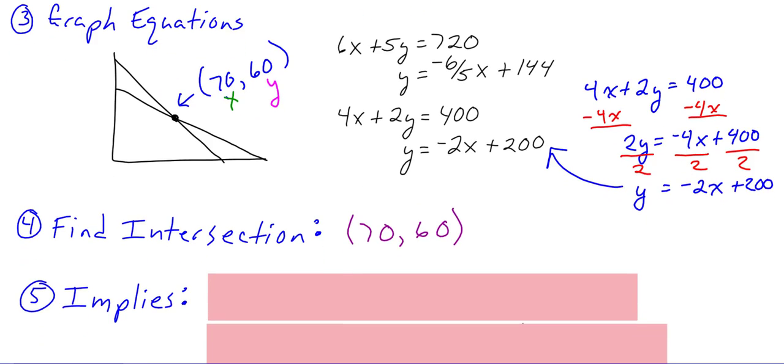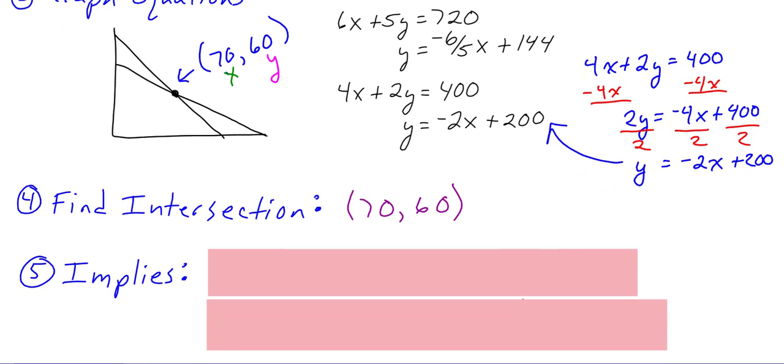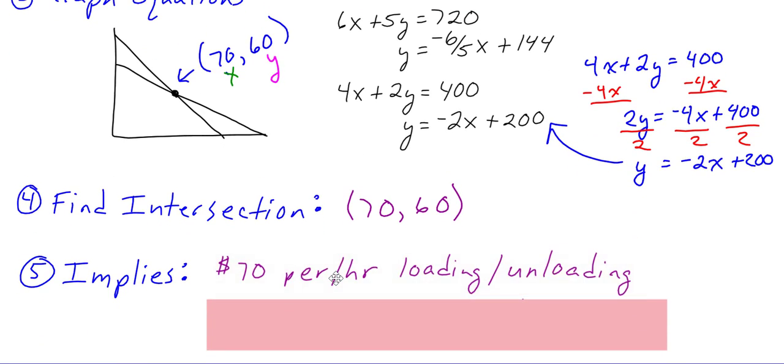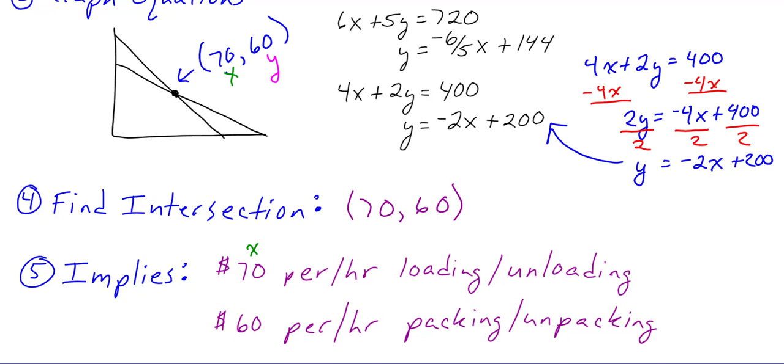So to interpret this, it implies that it's $70 per hour for loading and unloading, because remember that was our x amount, and it will be $60 per hour for packing and unpacking, because that was our y amount.